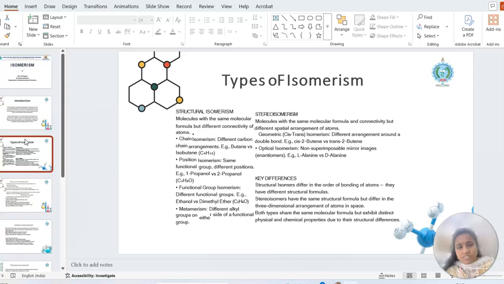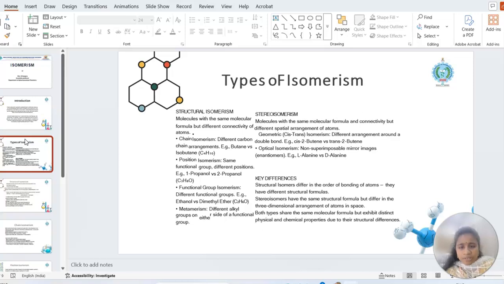Next is stereoisomerism. Stereoisomerism is when molecules have the same molecular formula but differ in the spatial arrangement of atoms. It is of two types: geometrical isomerism and optical isomerism. Geometrical isomerism is divided into cis isomerism and trans isomerism. For example, cis-2-butene and trans-2-butene, where butene has a double bond.